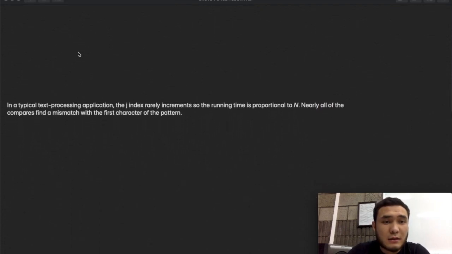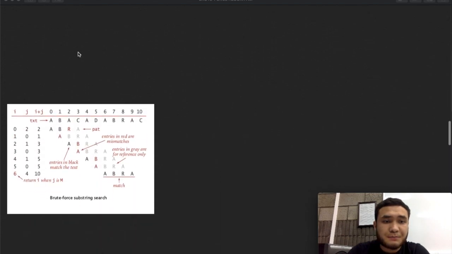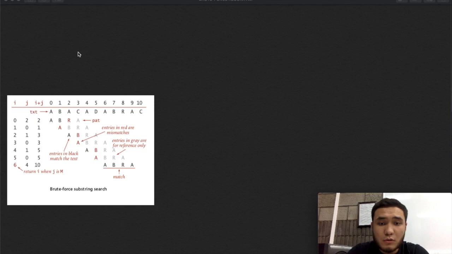In a typical text processing application, the j index rarely increments, so the running time is proportional to N. Nearly all of the comparisons find a mismatch with the first character of the pattern. For example, suppose that you search for the pattern in the text of this paragraph.